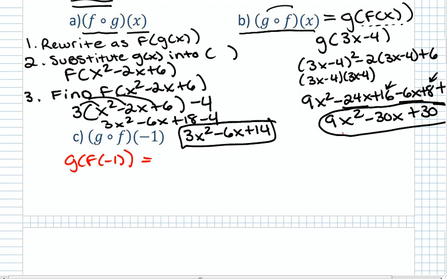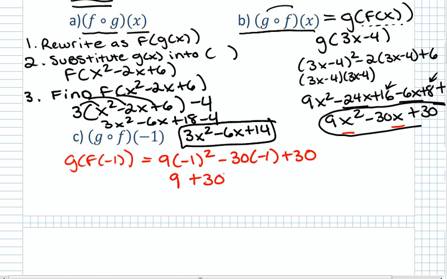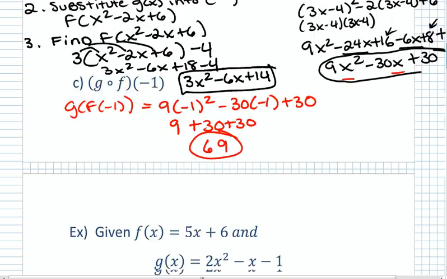So basically, everywhere I see an x, I'm going to put a negative 1. And so negative 1 squared is 1, and 1 times 9 is 9. Negative times negative is positive, plus 30. So notice when I add them all together, I get 69 for my total.